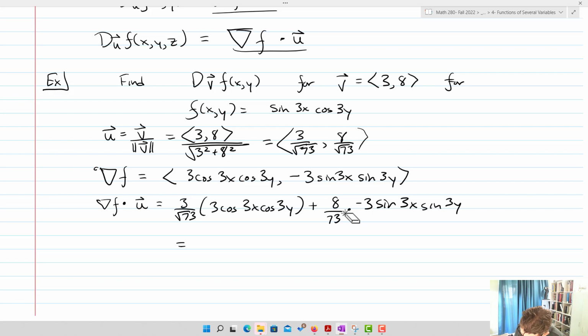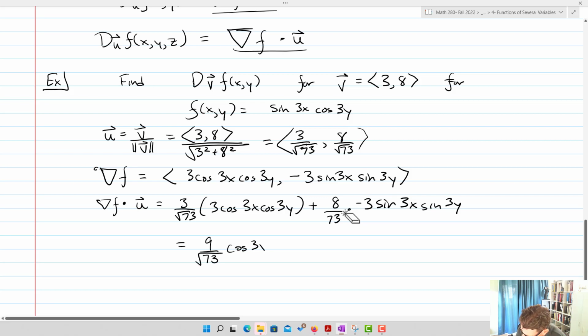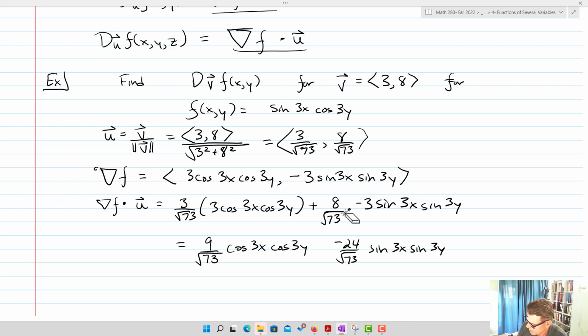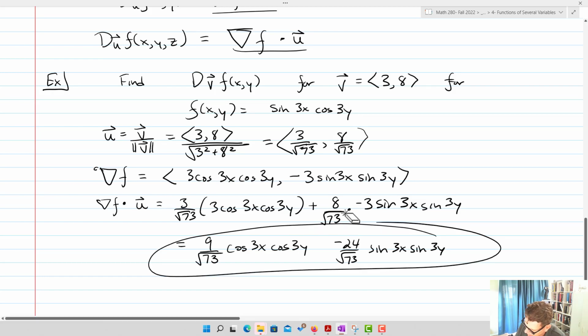And simplify, that's going to end up being 9 over root 73 cosine 3x cosine 3y plus 8 over root 73, or excuse me, minus 24 sine 3x sine 3y. And there is the directional derivative.